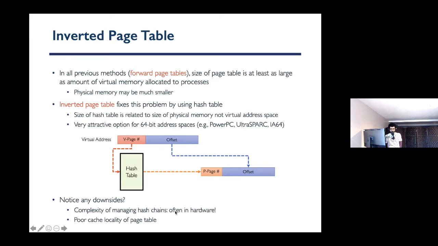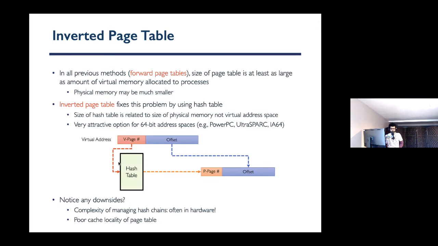And we have to keep in mind that the one who is using this page table in most systems is the hardware, not the software. Whenever it comes to hardware, we want something simple, something fast, but there is already some complexity when you're talking about hash tables. How do you resolve that? It's an issue. I will talk about it in more detail in the next slide.